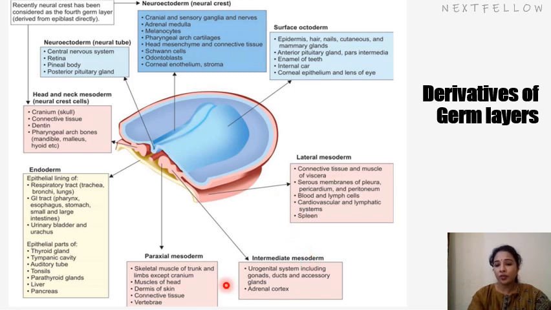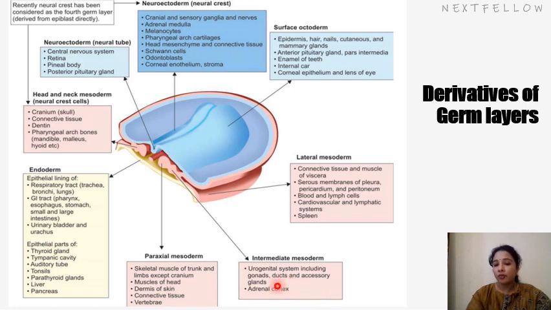Then mesoderm. Today we studied about intraembryonic mesoderm dividing into paraxial, intermediate, and lateral plate. Paraxial mesoderm will form the skeletal muscles of the trunk and limbs, muscles of the head, and also the dermis of the skin, connective tissue, and vertebrae.